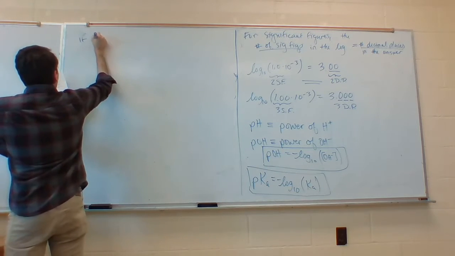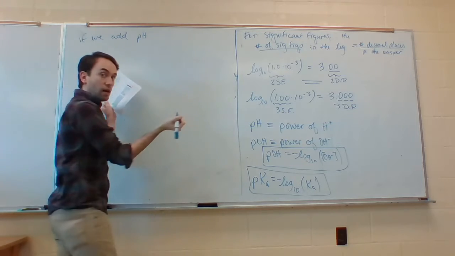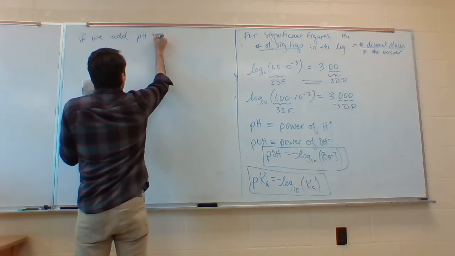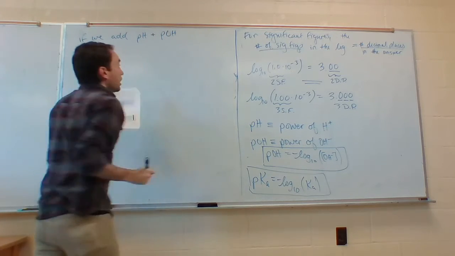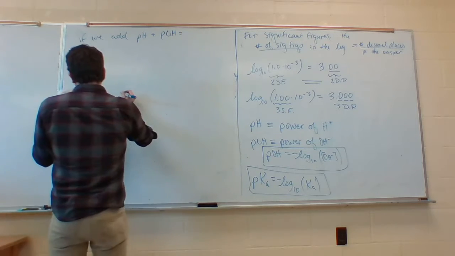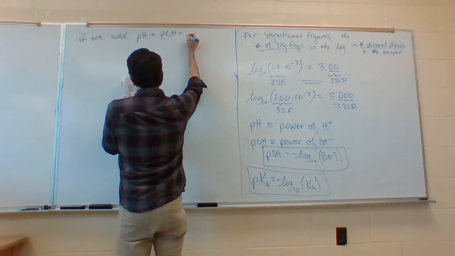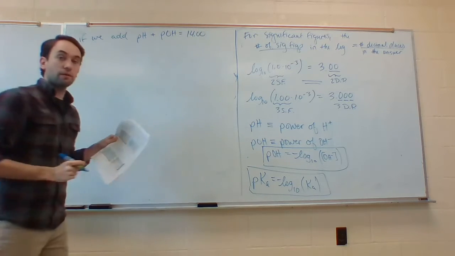So for example, if we add the pH, the power of our H plus, to our pOH, the power of OH minus, well, we know that that's going to be equal to 14.00.